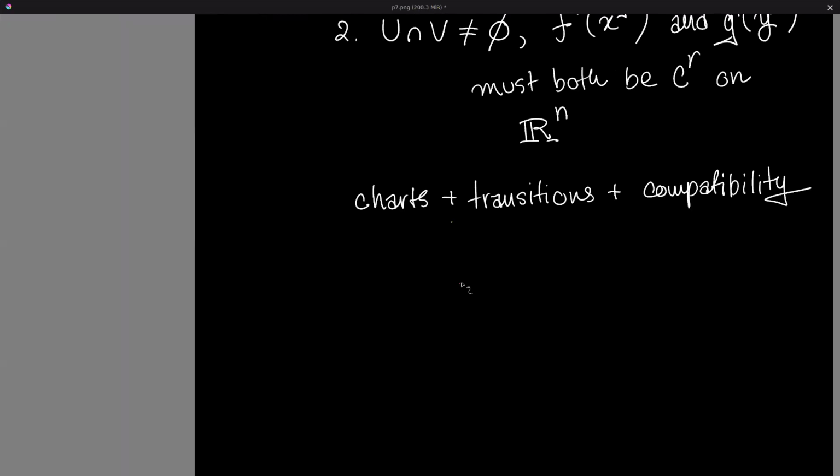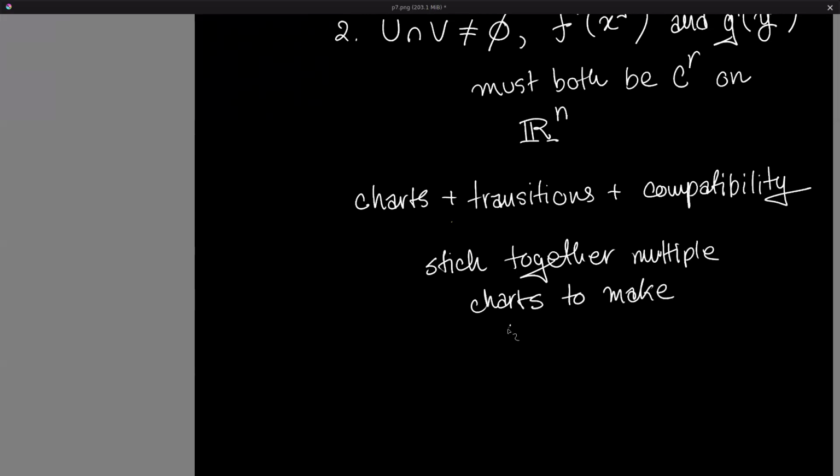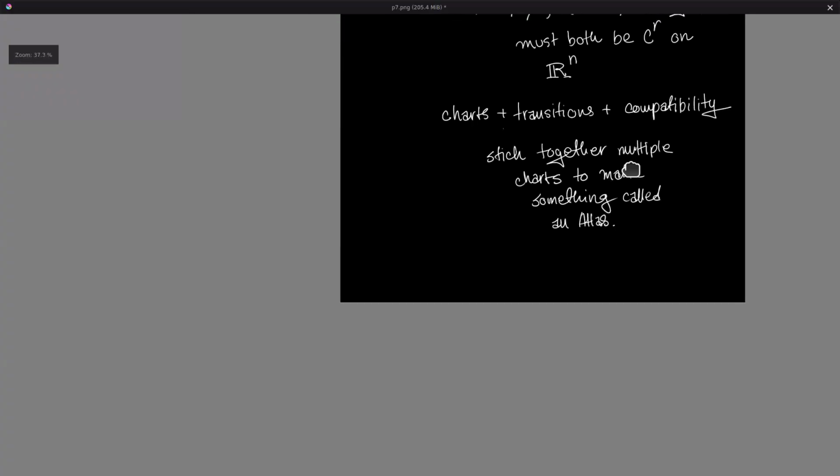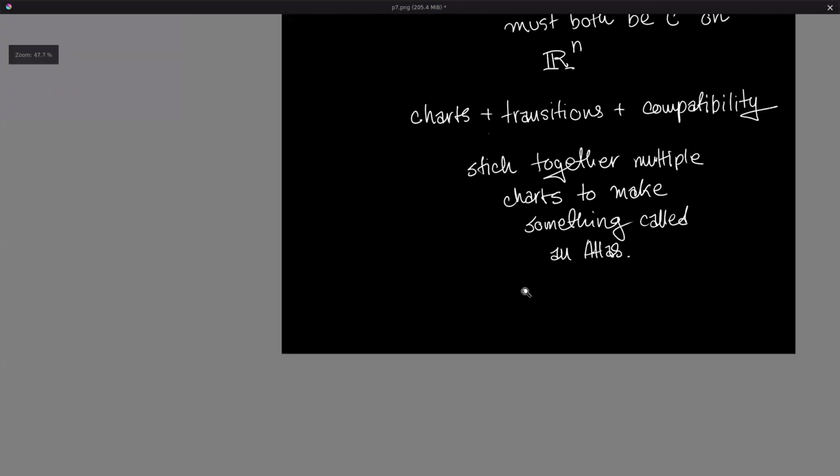So now we can do what we wanted to do, which is stitch together multiple charts, let's say one or more charts, to make something called an atlas. So what is an atlas?